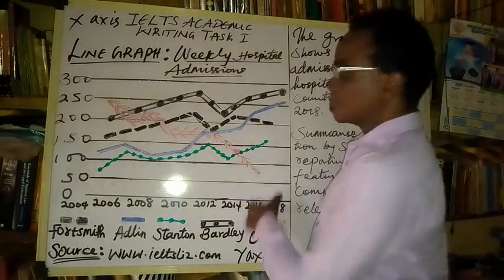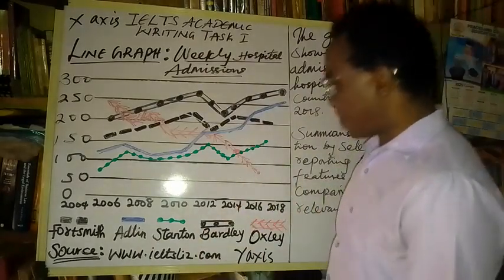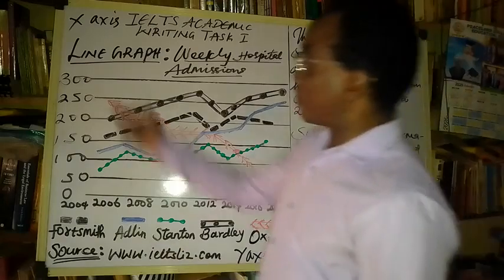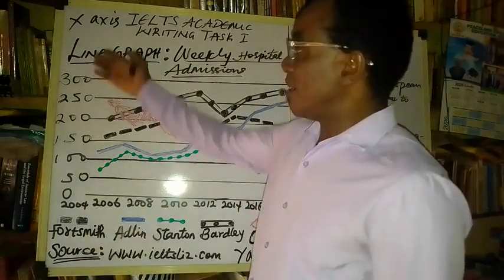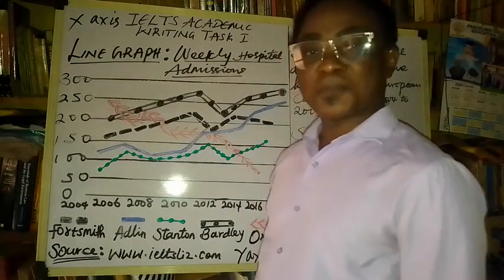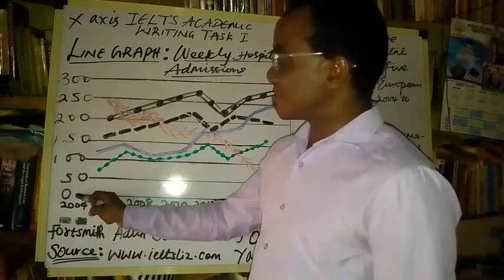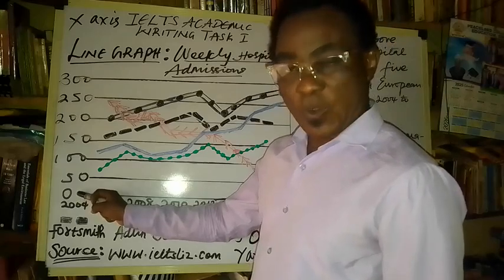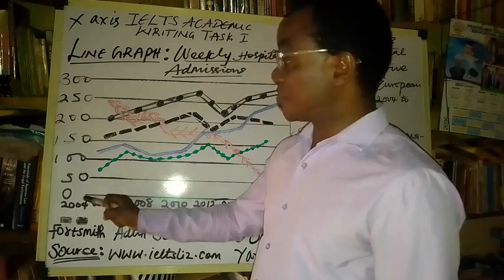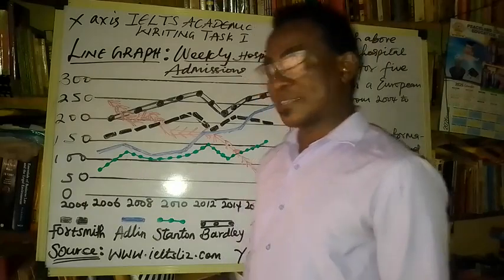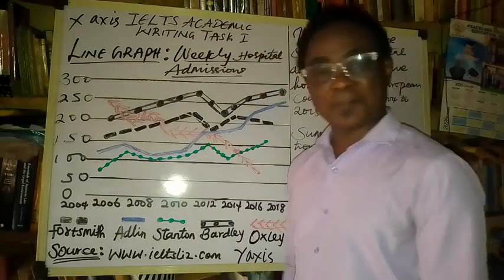Having reviewed the fundamentals involved, let us continue. Now if you take a look at the x-axis, you will discover that the figures grow, or the figures increase from 0 up to 300.